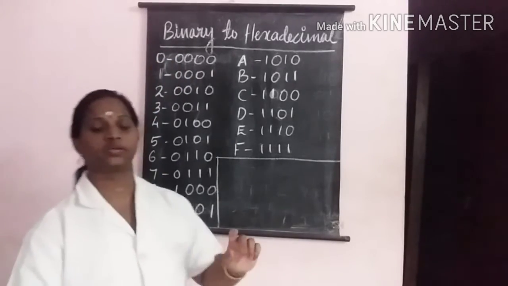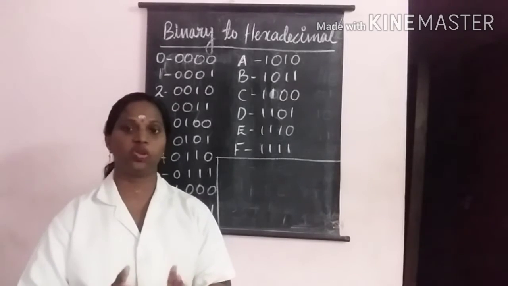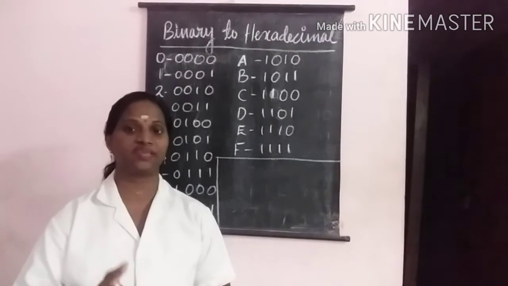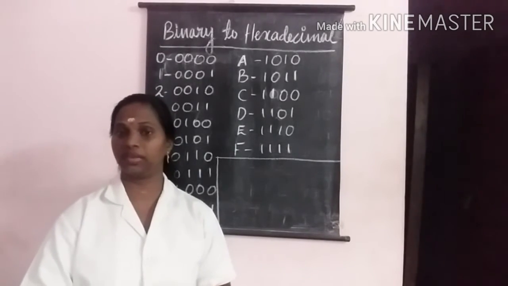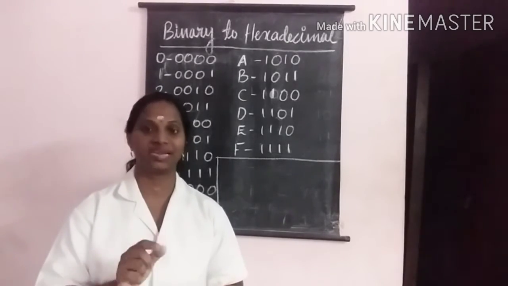See children, in the octal number system we group the binary numbers as a group of 3 digits, but in hexadecimal we need to group them as a group of 4 digits. In hexadecimal, 4 digit group, and in octal, 3 digit group.